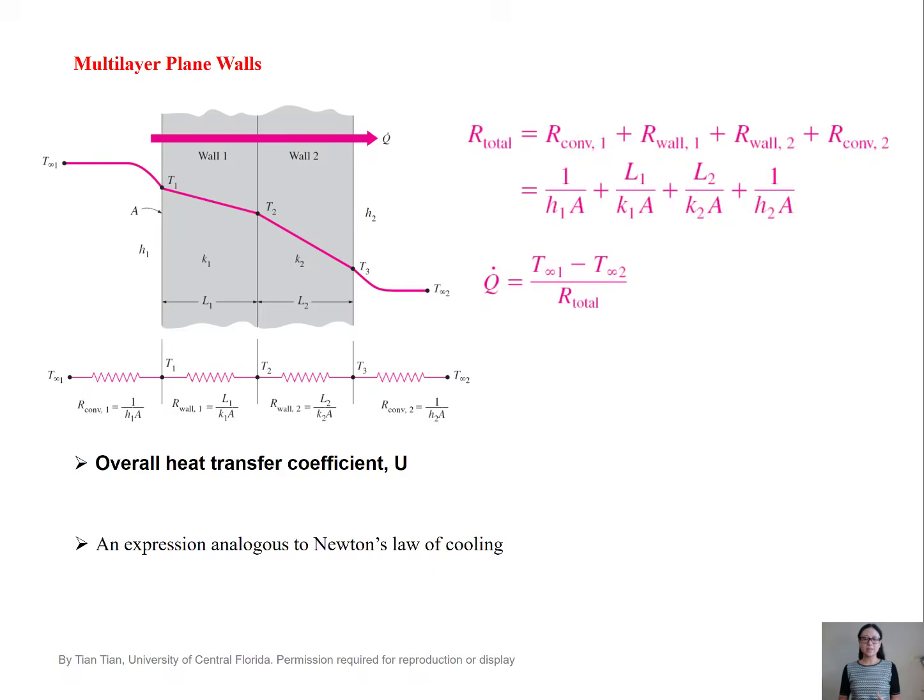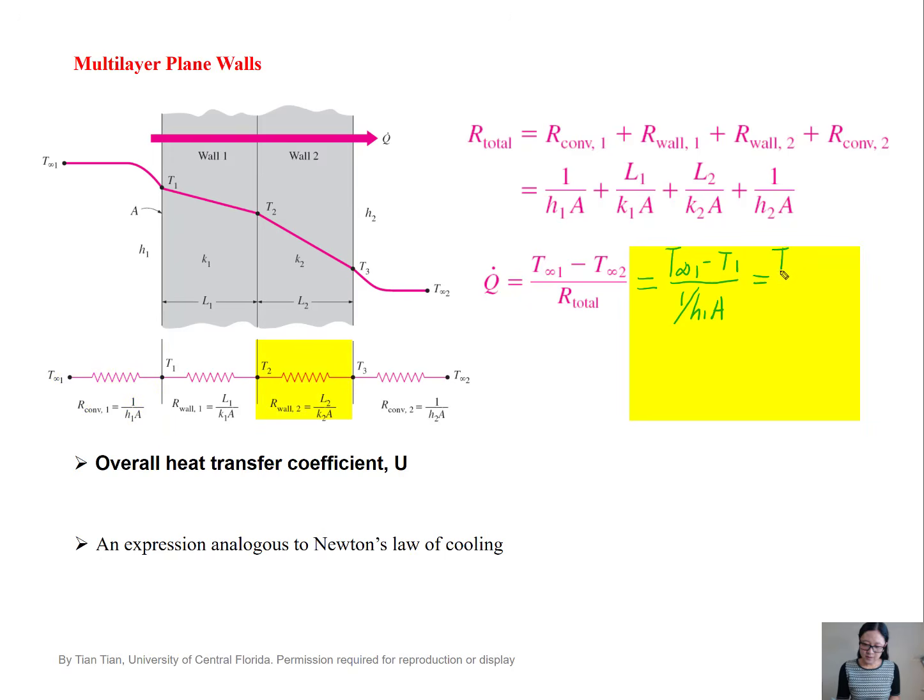And we can express the heat rate as the ratio of the overall temperature difference T∞1 minus T∞2 by the total resistance in between. Or we can express this heat rate by temperature difference between any 2 temperatures divided by the resistance in between. For example, this is also equal to T∞1 minus T1 over 1 over h1A.